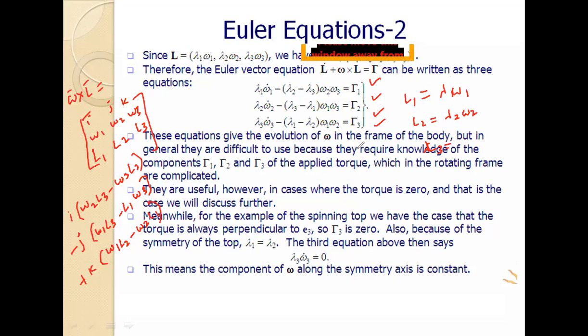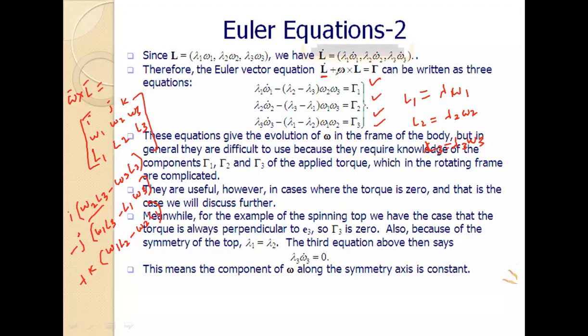Can you get it, guys, tomorrow? Okay, sir. You just substitute here and you're going to get these values, right? And the first one we already have.